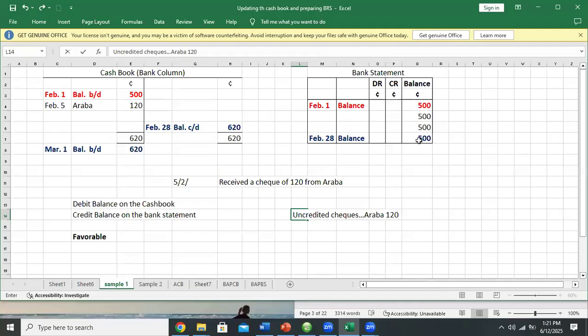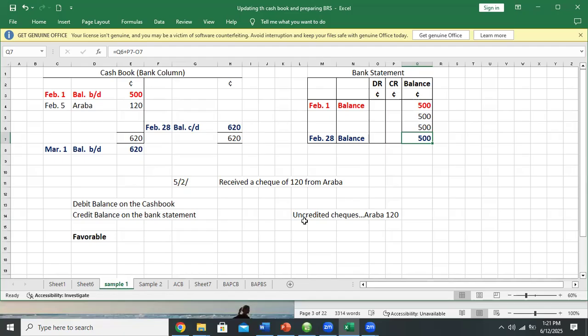The bank statement is showing how much? 500. And the reason is because some checks have not been credited by the bank. So that's what we meant by uncredited checks: checks the bank has not credited. So we have received the check and debited our cash book, but the bank has not what? Credited. And because of that, you see the difference in the balance. So that is the uncredited checks, right?